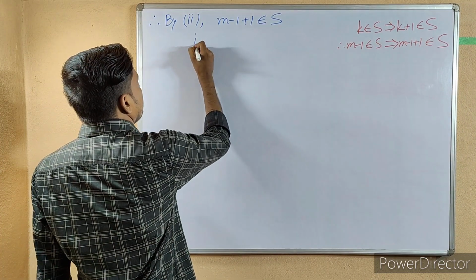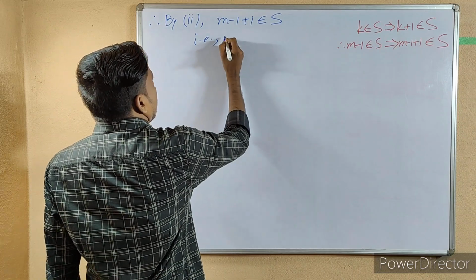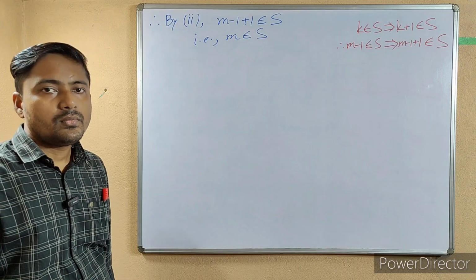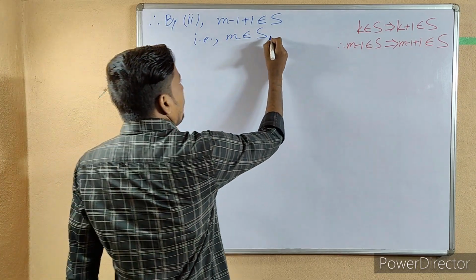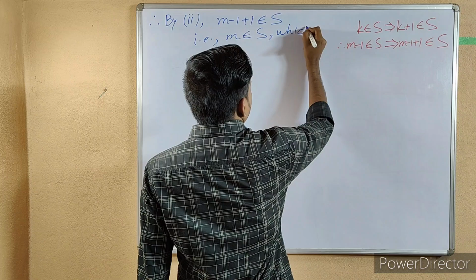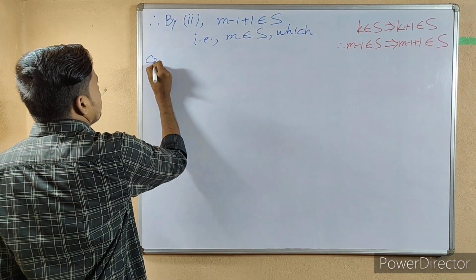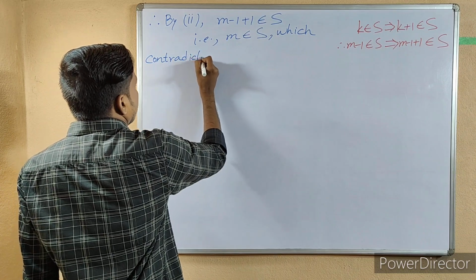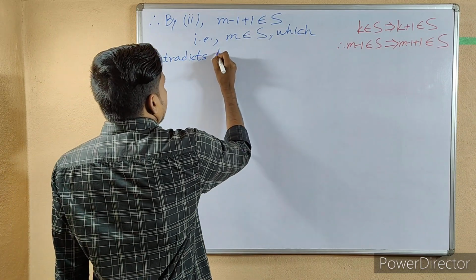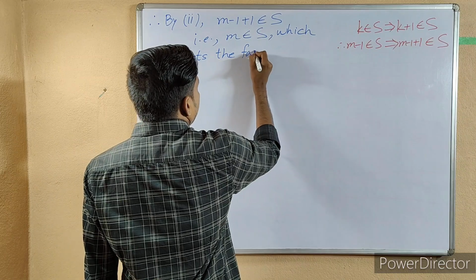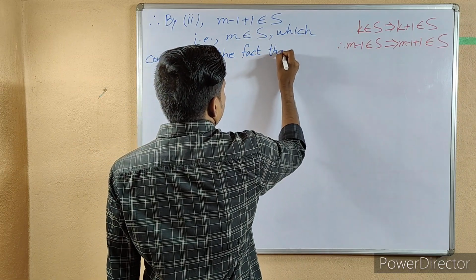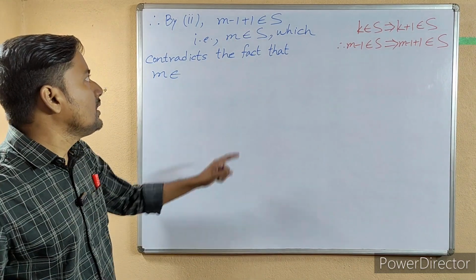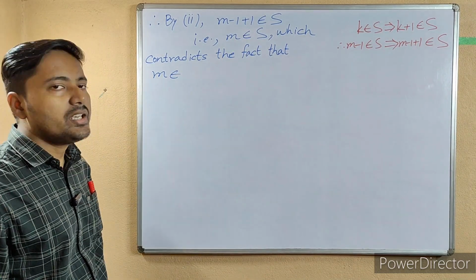That is, m belongs to S, which contradicts the fact that m belongs to what?